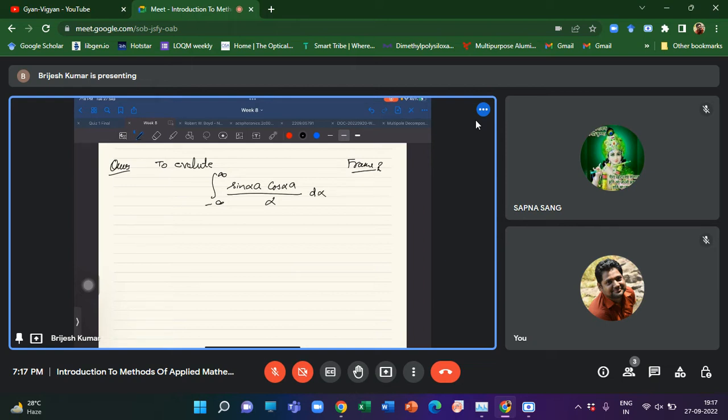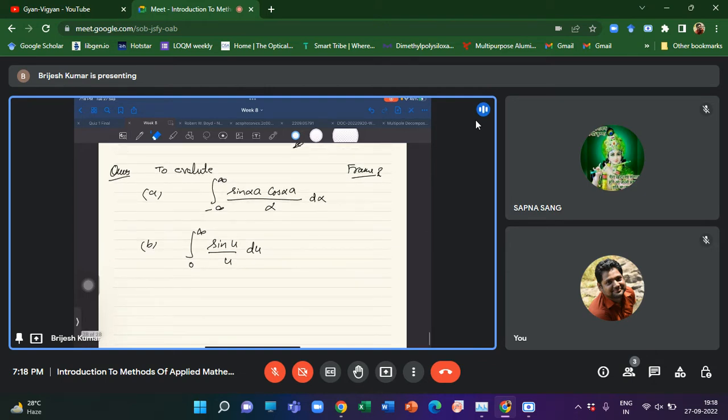And this is one question. This is next: integrate 0 to infinity sine u over u du. Only these two questions. So how do you think we can solve this?